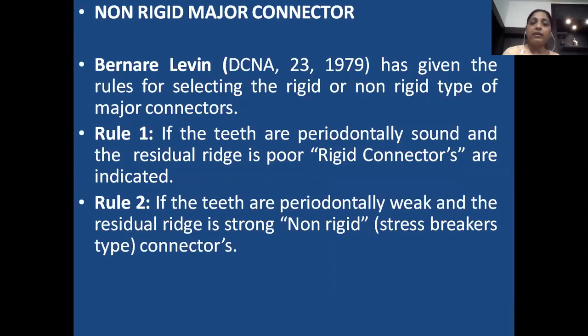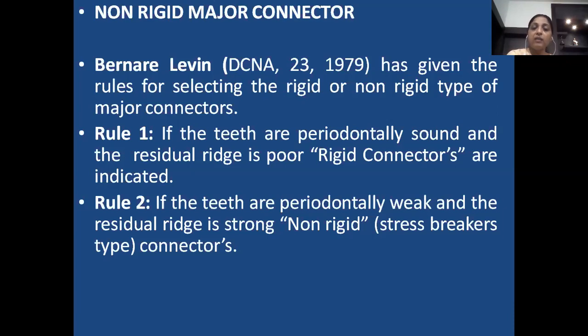Levin in 1979 has given the rules for selecting the rigid or non-rigid type of major connector. Rule 1 is that if the teeth are periodontally sound and the residual ridge is poor, rigid connectors are indicated. But if the teeth are periodontally weak and the residual ridge is strong, then non-rigid connectors can be given in that situation.